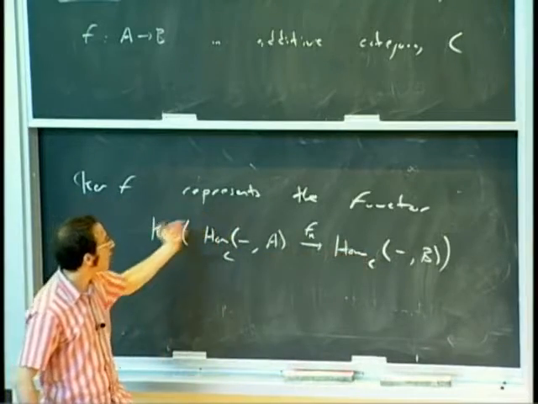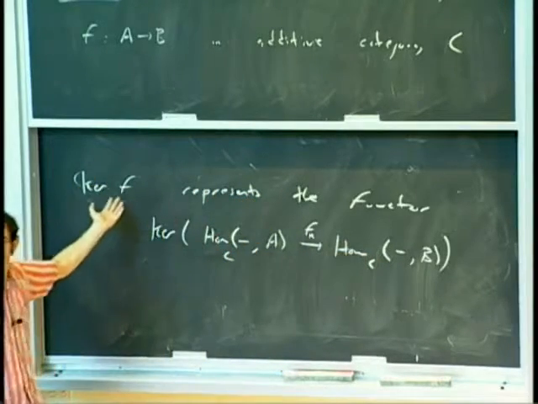If that functor is represented, the representing object is what we call the kernel.